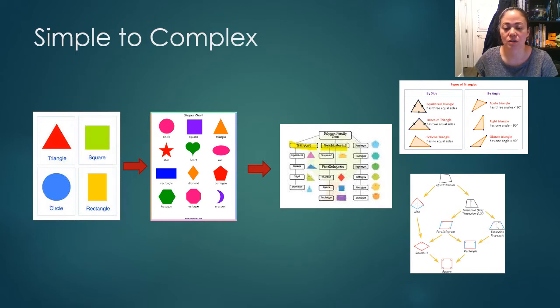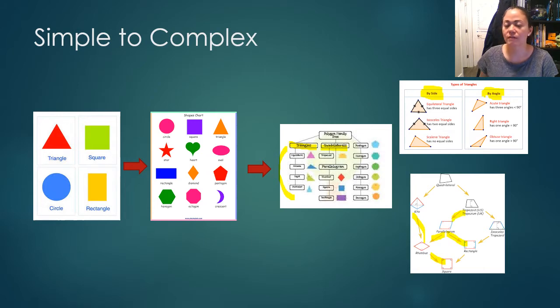So this one shows how all those different triangles are grouped together as triangle. This one breaks it down, and it says that there are different triangles categorized by their sides, by the side lengths. And then there are different triangles categorized by the angles. And here, these lines show how the different types are related to each other.